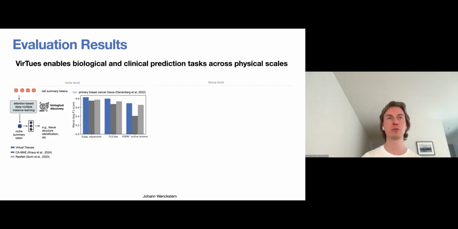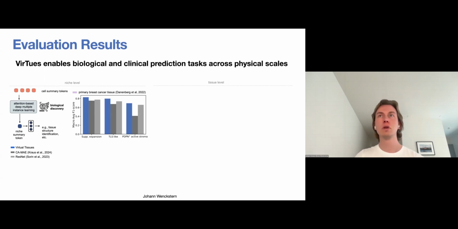So for a suppressed expansion structure, we predict whether it's occurring or not occurring within the niche. And we compared against, again, CMAE and a second baseline, a ResNet-based architecture recently used in another multiplex imaging application. Again, we generally outperformed these baselines with a higher F1 score.